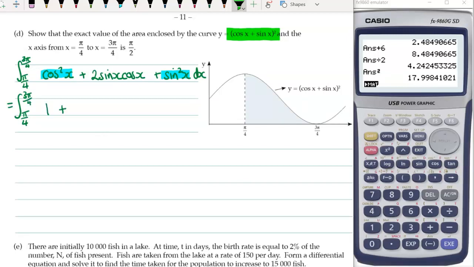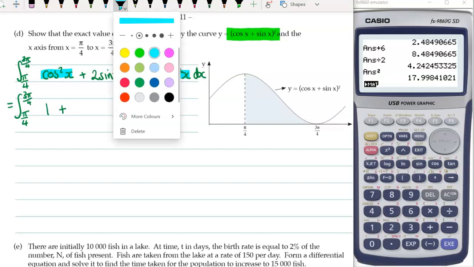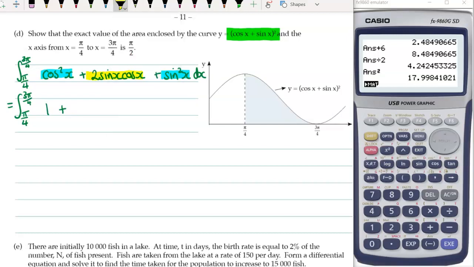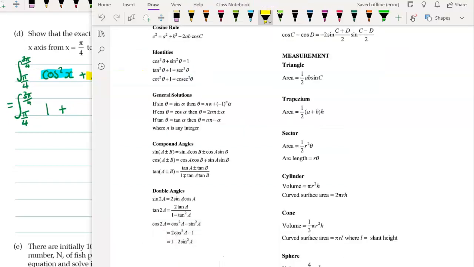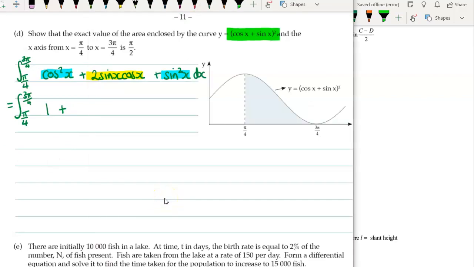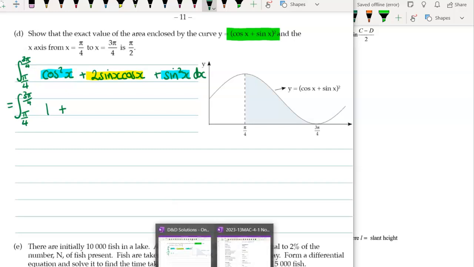And 2 cos of 2 times sine x cos x, that one is on your formula sheet. If you take a look just here, we have 2 sine a cos a is equal to sine of 2a. So we can use that over here. So, hang on, I'm just going to write that down again.